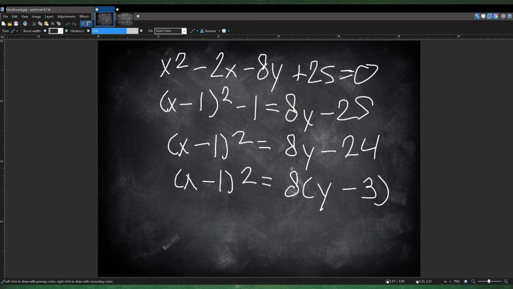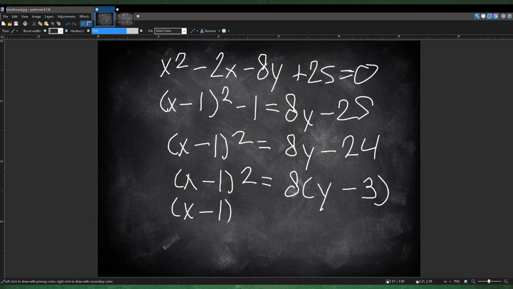If you see this side is the one that's squared, put the 8 here. Don't write 1/8 times x minus 1 squared, which is the same thing. This is the same as this equation, but don't write that. Write the coefficient on the other side. And then you're going to take out a 4 from this number.